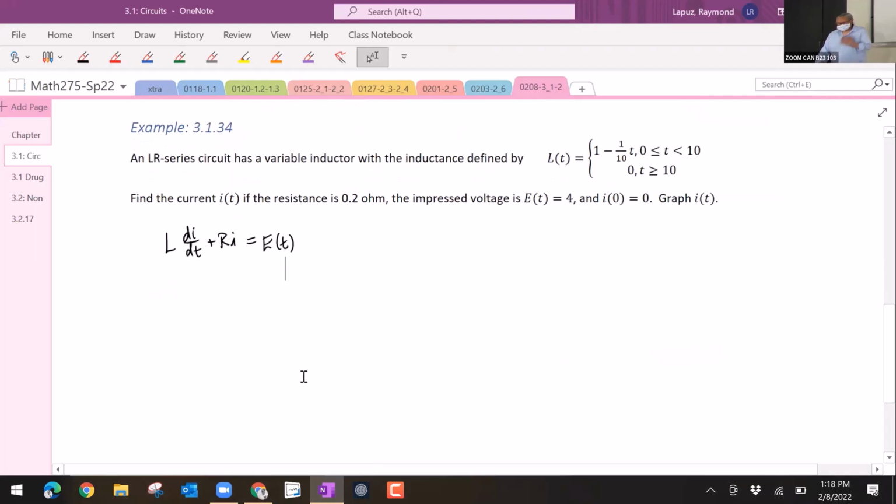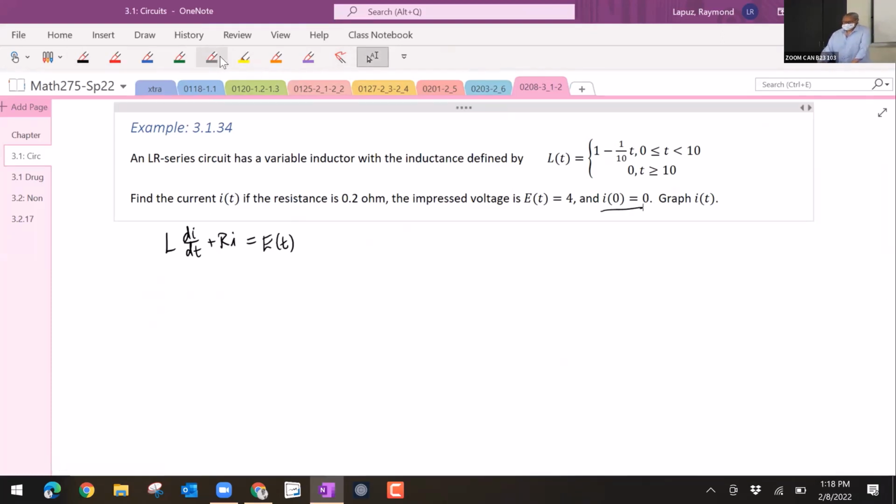So now that we know that, we can set up our differential equation. And by the way, it's a piecewise function, so we're going to have to do this in a couple of pieces. We'll start with the first piece, going from 0 to 10, since our initial condition involves 0. So we'll start off with the L function being 1 minus 1/10 t.